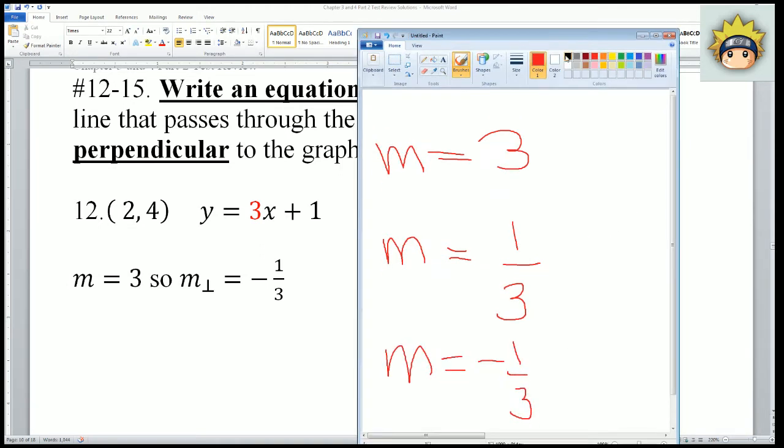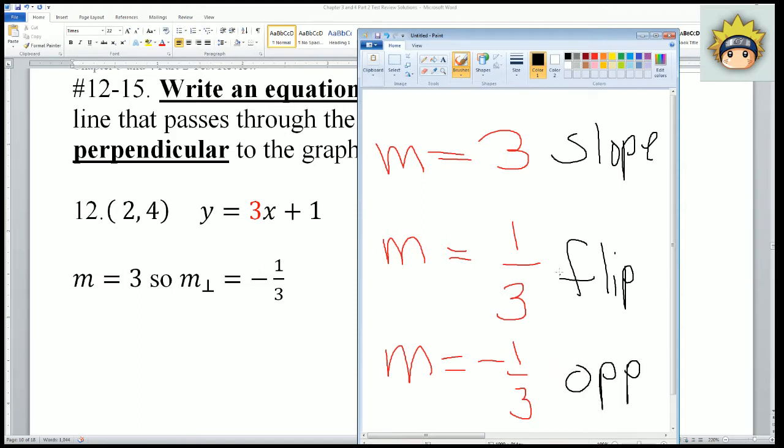Here, this is the original slope. Here I flip it, which is the reciprocal. Then I do the opposite. The opposite of addition is subtraction. So here's the opposite. This is your opposite reciprocal. Good? That is how I got m perpendicular equals negative 1 over 3.